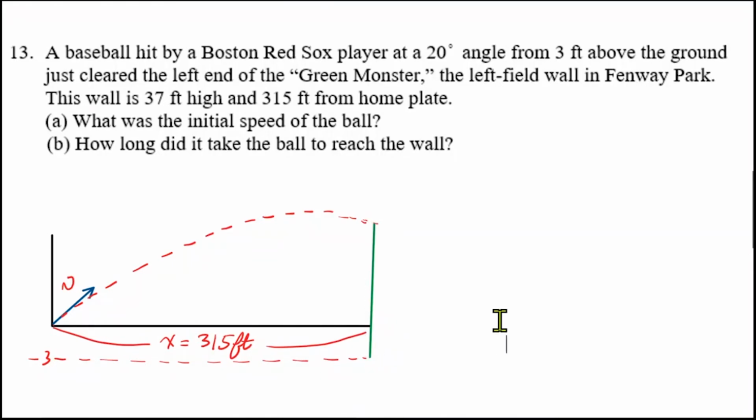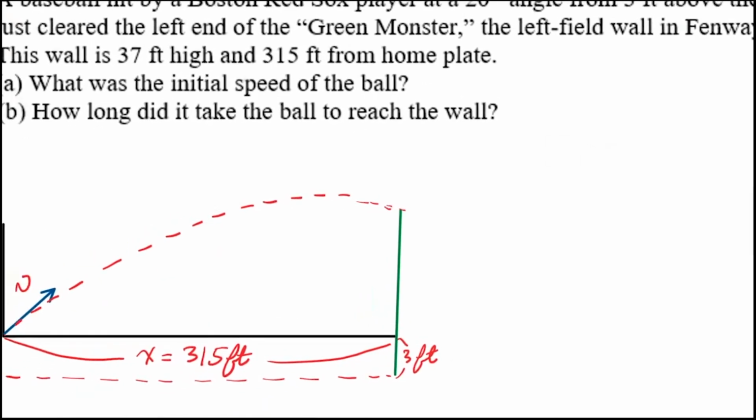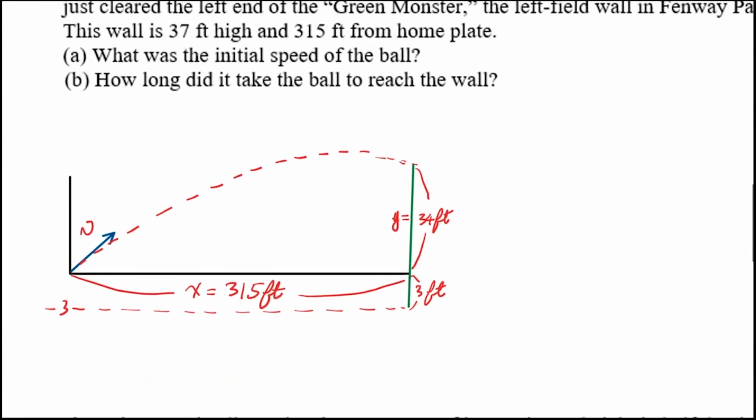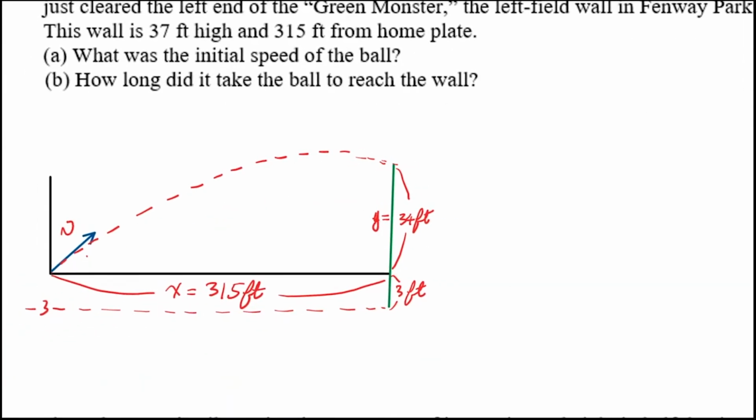So this is 3 feet right here, and therefore this is 34 feet. That makes sense to you? This is my y. Who's confused about the setup? Okay, then we'll start.